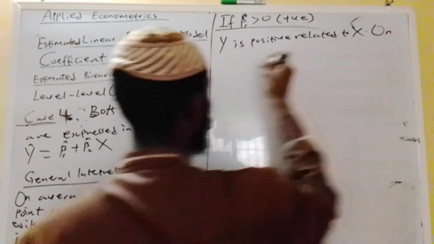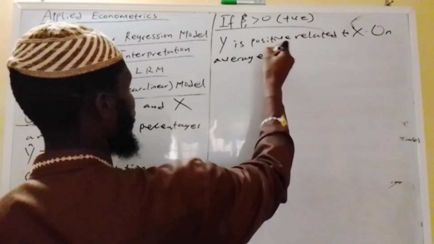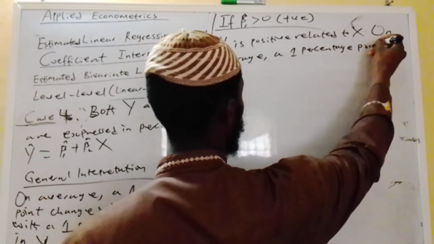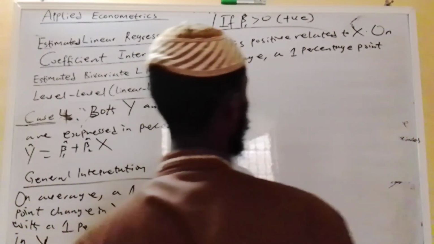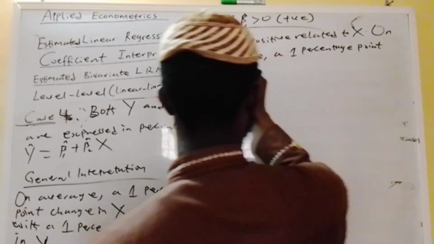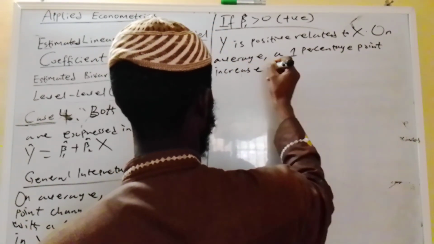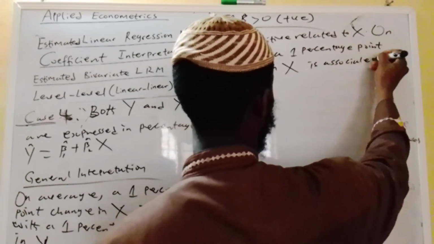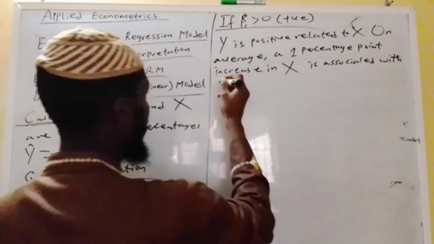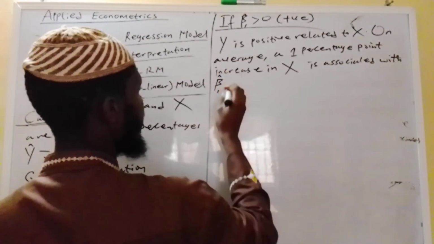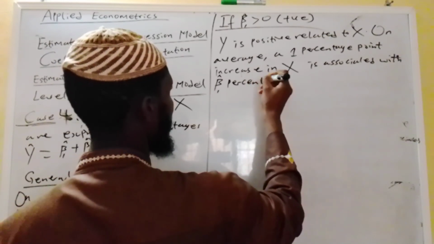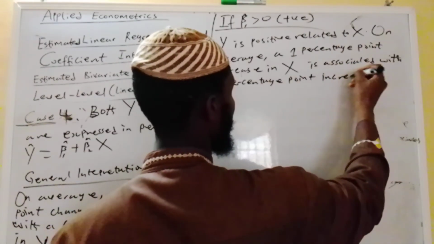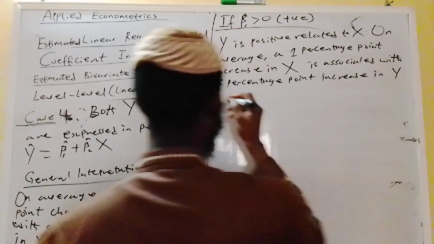On average, a 1 percentage point, because it's measured in percentage, increase in x is associated with beta 1 hat percentage points increase in y. And vice versa.